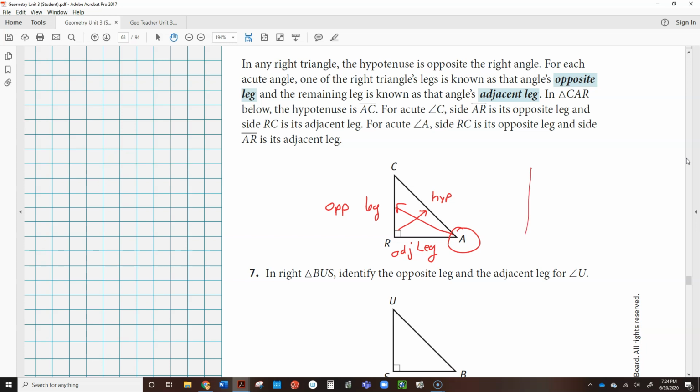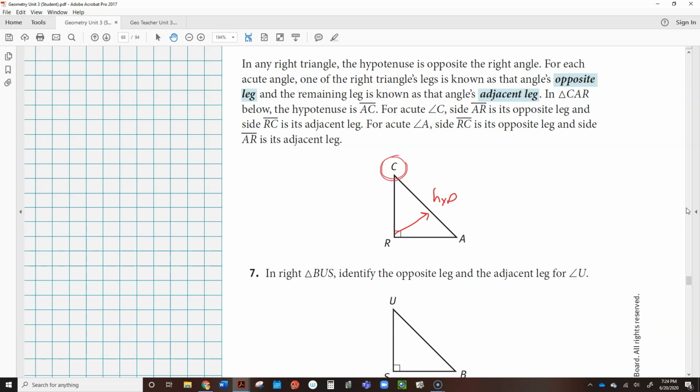But in that same triangle, okay, I'm just going to delete that instead of drawing it again. In that same triangle, this is still the hypotenuse, because the hypotenuse is opposite the right angle no matter what.